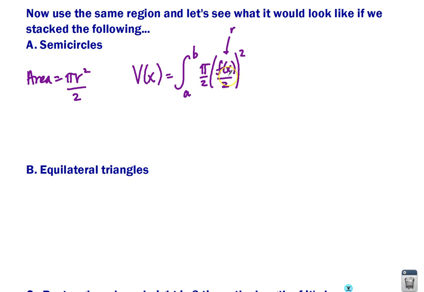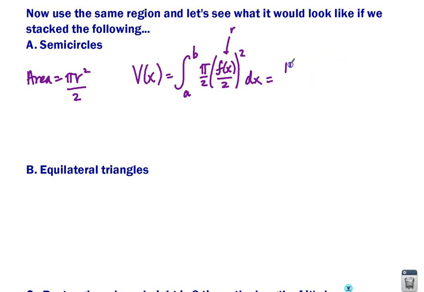All that's being squared. Pi r squared is a circle, but I want half of it because it's a semicircle. So dx. And we'll typically clean this up. Let's try it a different way.